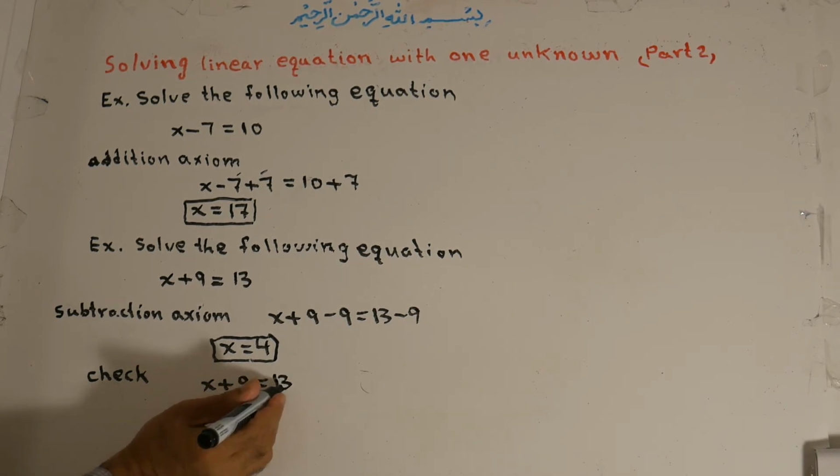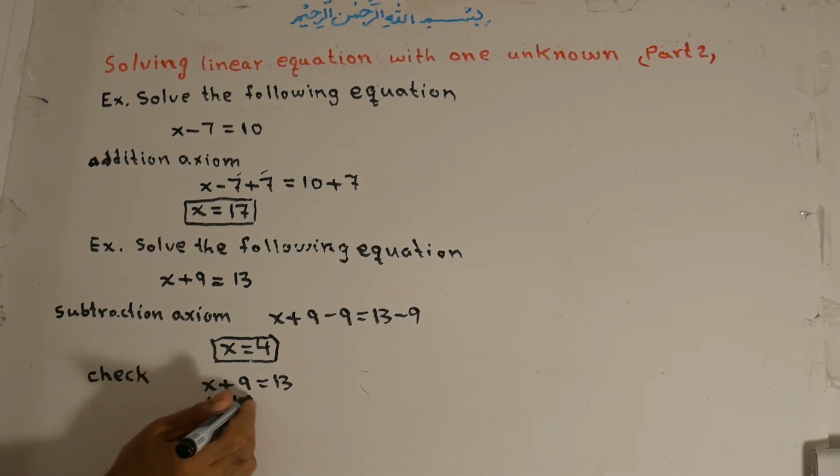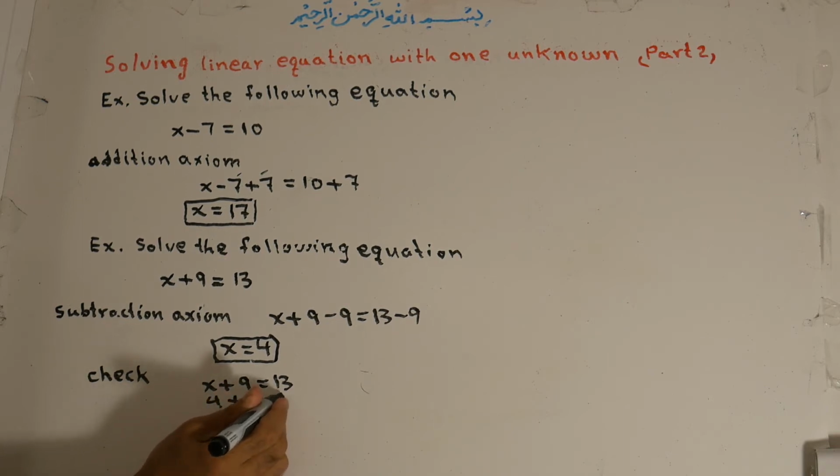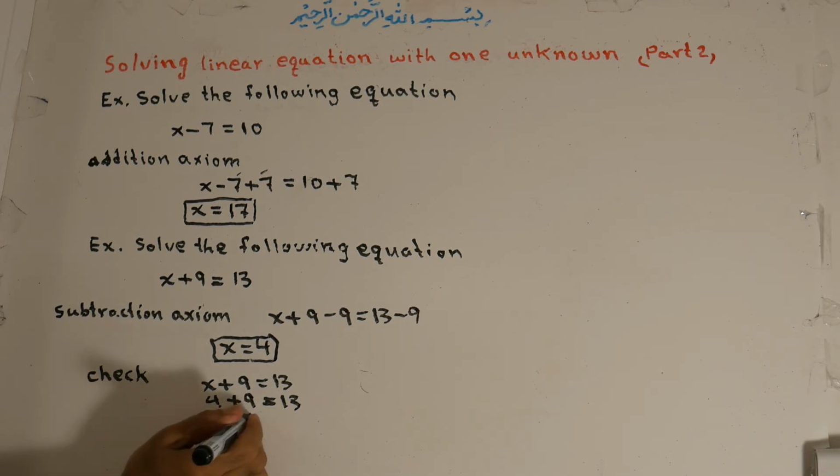Now we put 4 instead of the x: 4 plus 9 is equal to 13, and 4 plus 9 is 13, means that 13 is equal to 13.